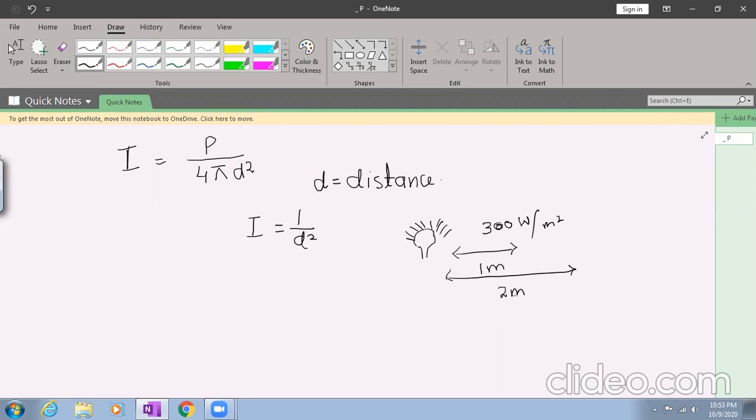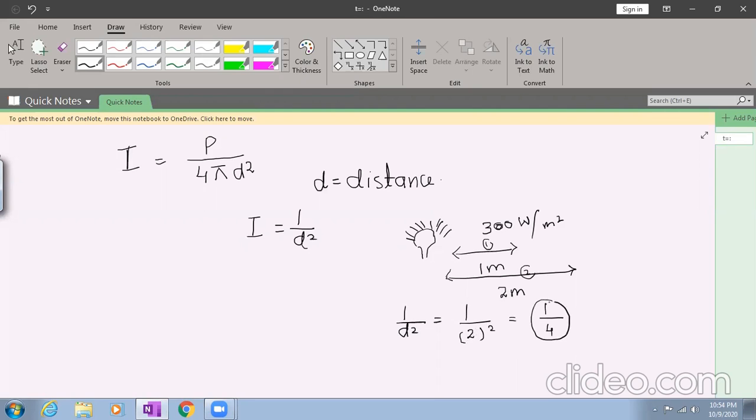I will put this value in the formula 1 over d square, where d is the distance. This is case number 1, this is case number 2. For case number 1, light intensity is 300 watt per meter square, but for case number 2 the distance is 2 meters, so I will put 2 here and it becomes 1 over 4.